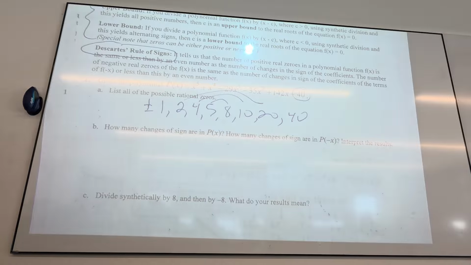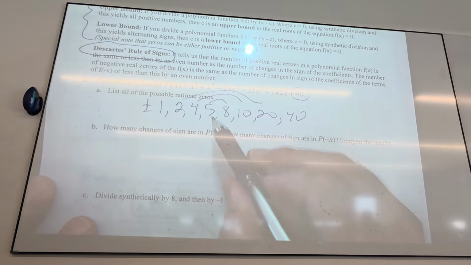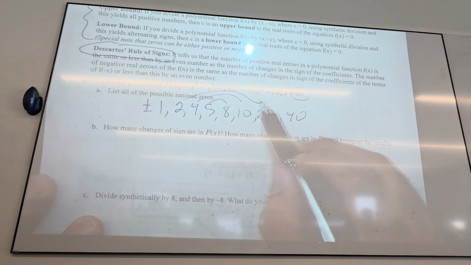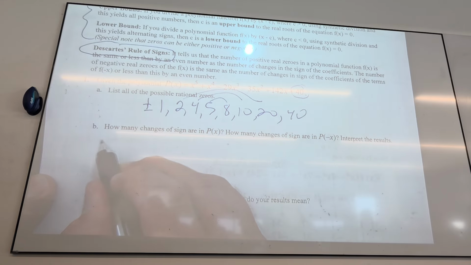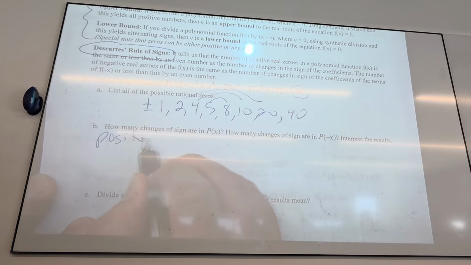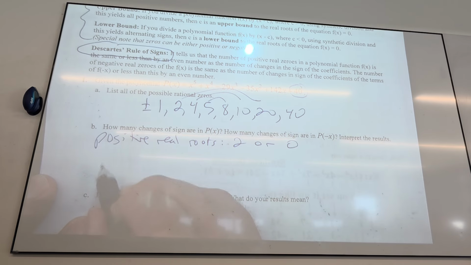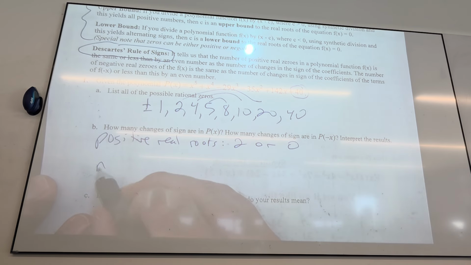First thing is, how many sign changes do you see in this? 2. Yeah, there's 1, 2. So how many positive real roots could there be? 2 or 0. What about the negatives? What would I have to do to figure out the negatives? Plug in negative x.